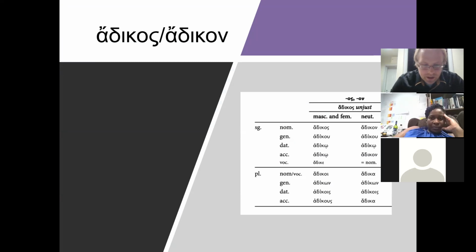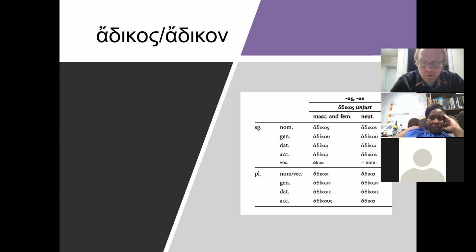Actually, there's nothing new for us when it comes to the inflection of these forms. We are already quite familiar with the second declension, both with the masculine and the neuter, which you can see are repeated here with the example adikos, adikon, which means unjust.